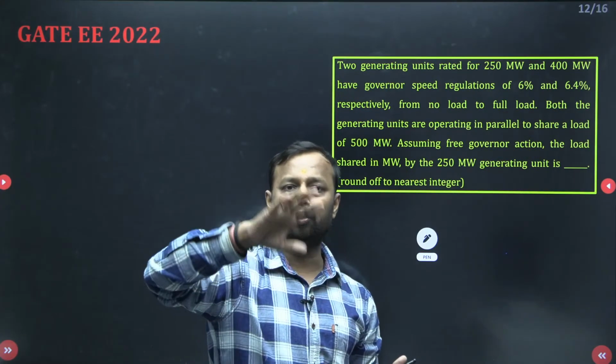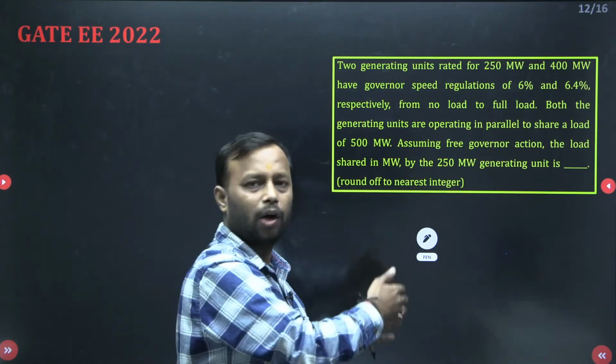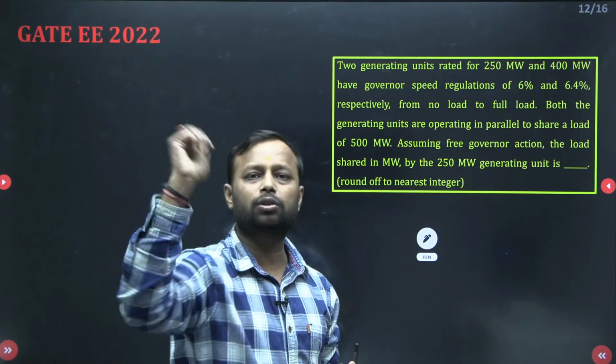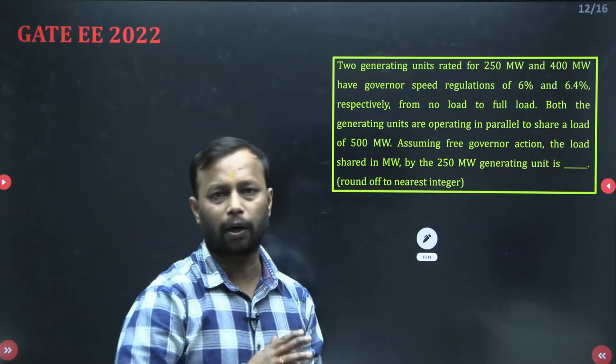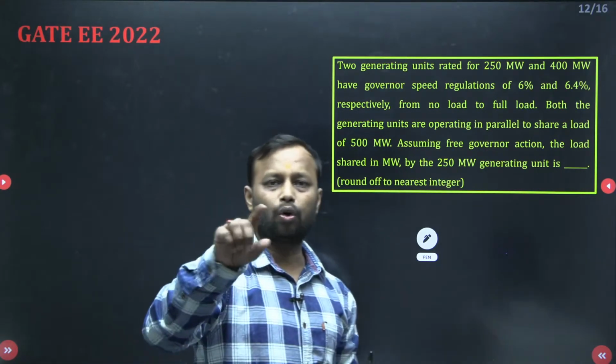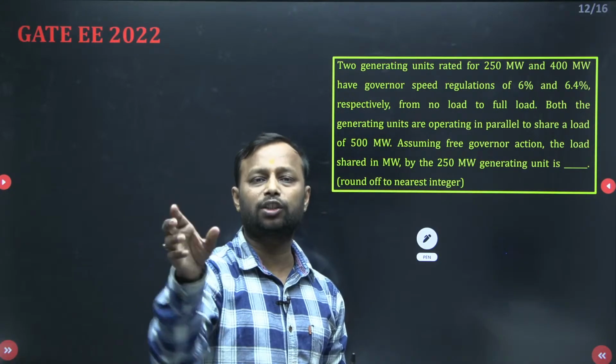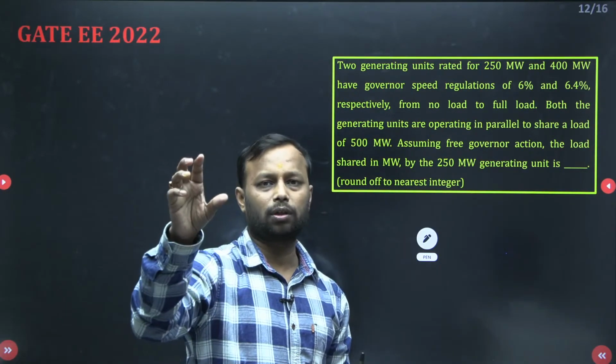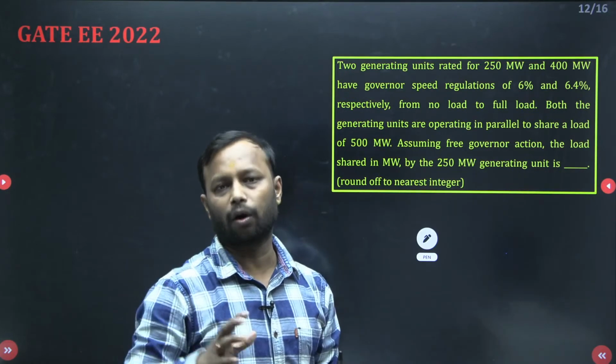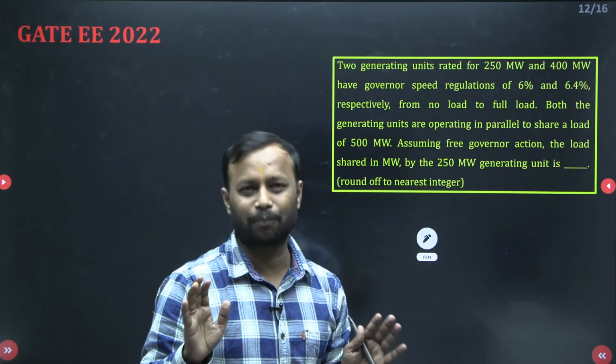You can master this particular topic once you attend that lecture. So go to our YouTube channel and you will find the playlist, foundation course of electrical machine by Nikhil Gaurav sir. Got the point?